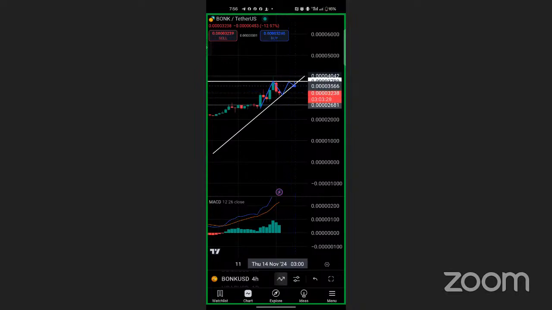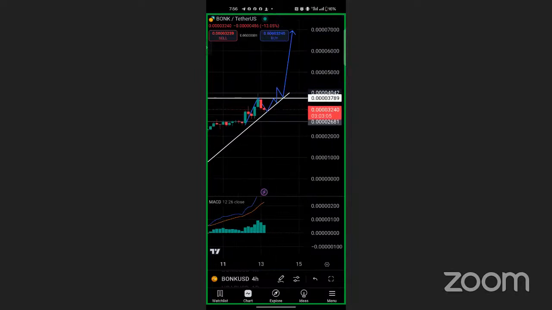Then maybe it comes down here. Now, what we expect is that once it is supported here, and when it breaks this resistance here, it will break it, then retest it, then the market will continue in an upward direction. So those two are very important.